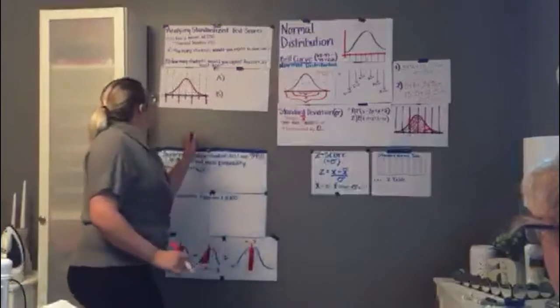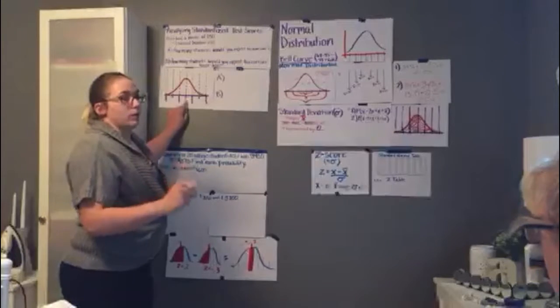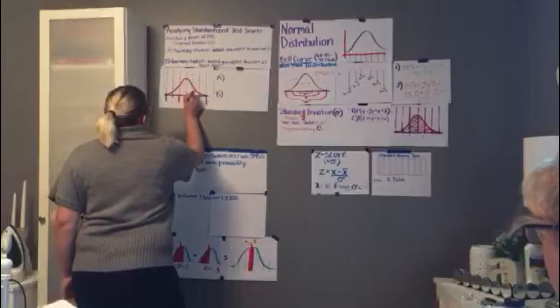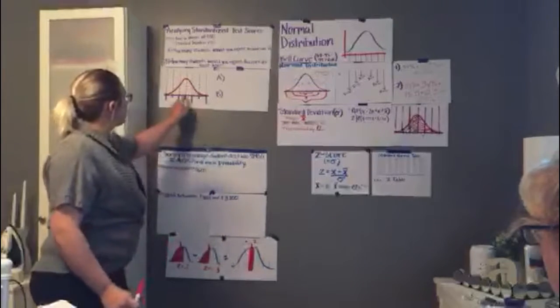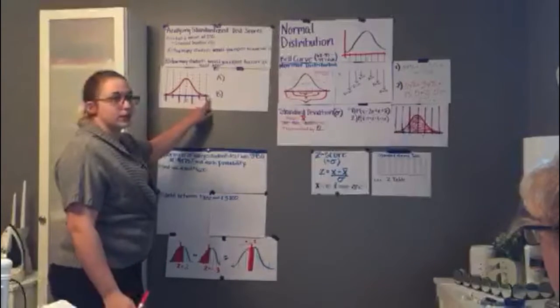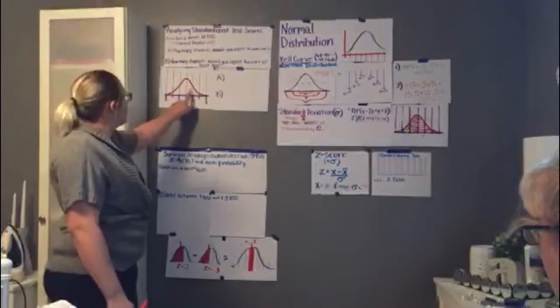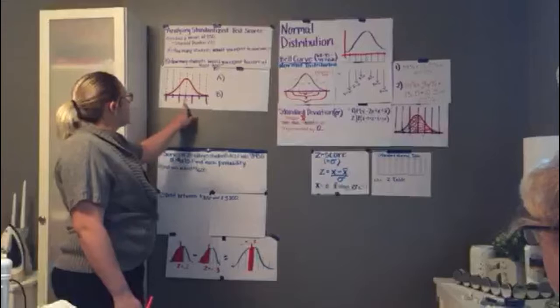Okay. So, what would be our zero value, our mean? 250. Okay, and then we're just going to fill in the blanks with 1, 2, and 3 standard deviations above, and then the 1, 2, 3 standard deviations below. Okay. What would our first standard deviation be?